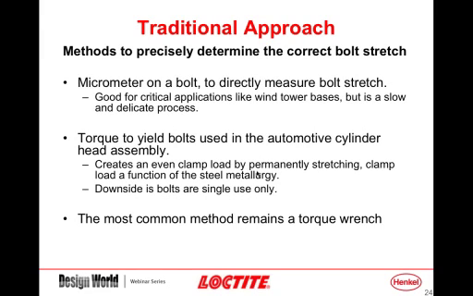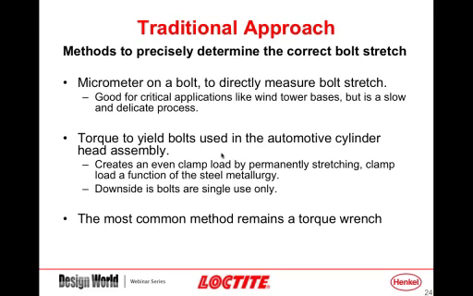There's a variety of methods out there for tightening a fastener and measuring the clamp load. Using a micrometer and actually measuring the amount of stretch on the bolt is obviously a very precise way to measure clamp load, but it's typically only used in highly critical applications.